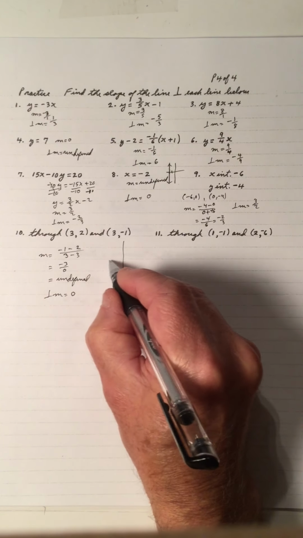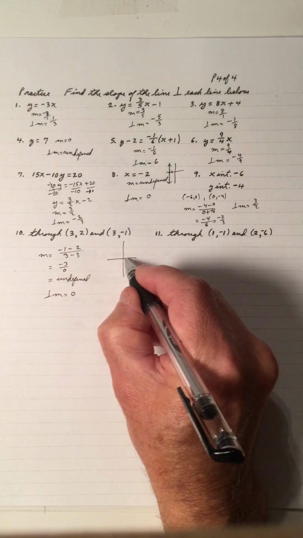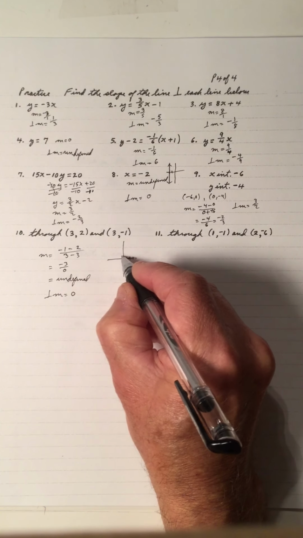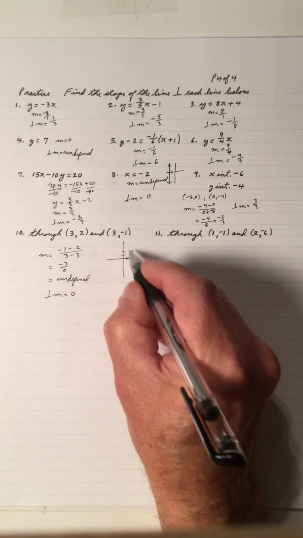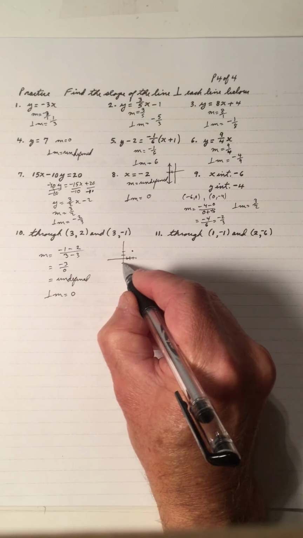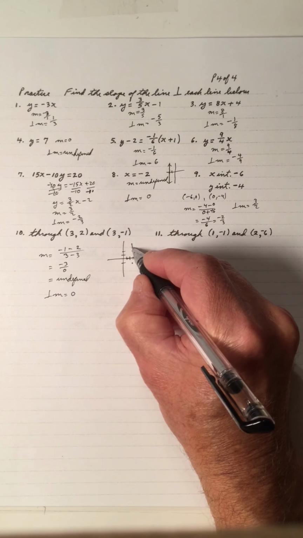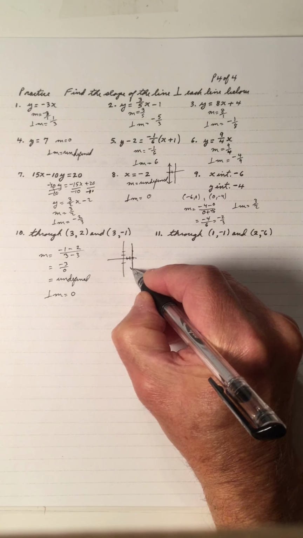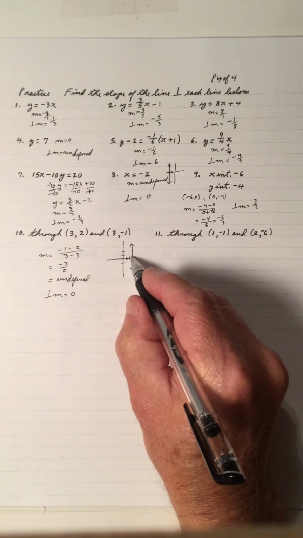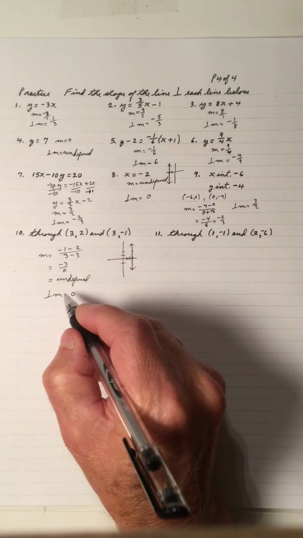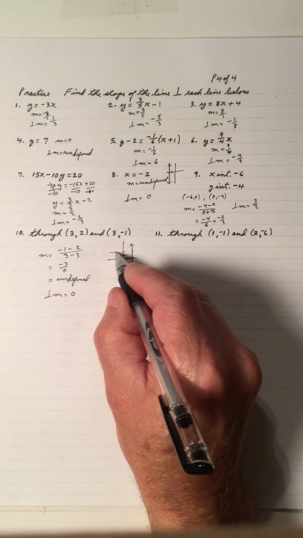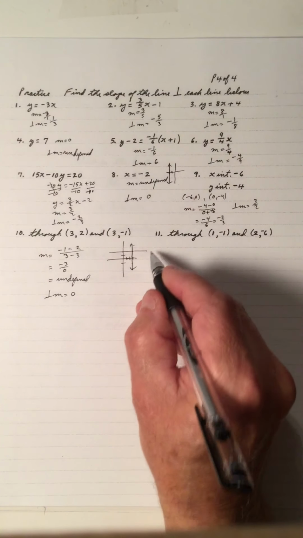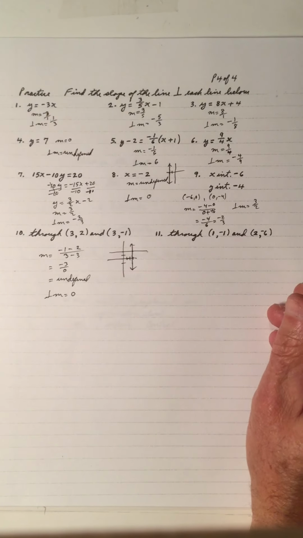And just have a quick look at 3, 2. X is 3, y is 2, is right there. X is 3, y is negative 1, is right there. So you can see the line through those 2 points is vertical. So the slope of this line is undefined. So the slope perpendicular to it is this line, or this one, doesn't make any difference, 0.